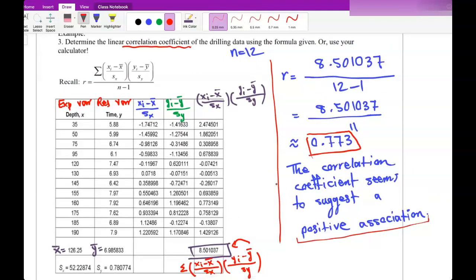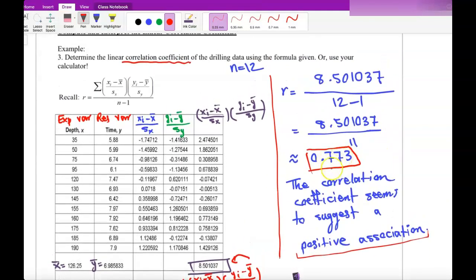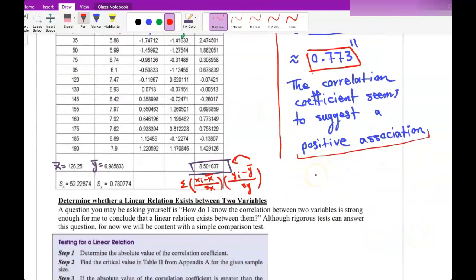Okay, we finish this one. So our correlation coefficient is approximately equal to 0.773, and that is positive.